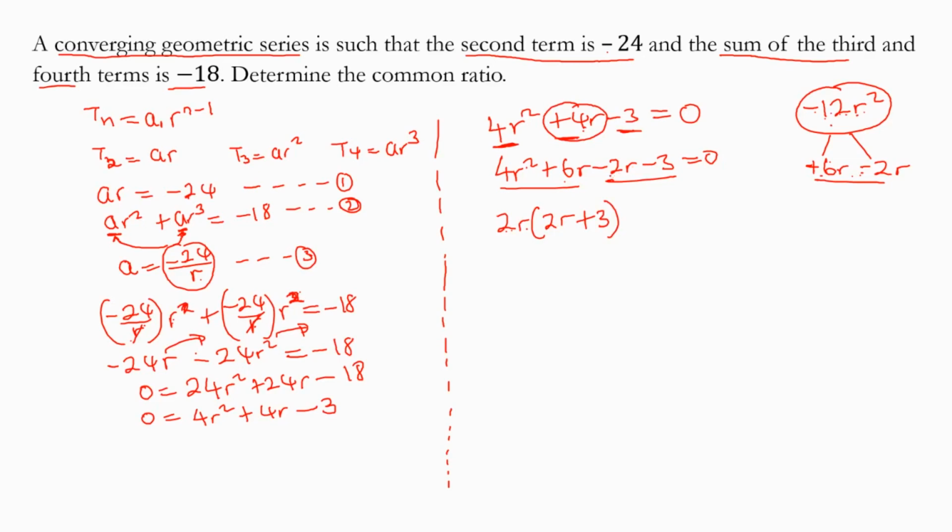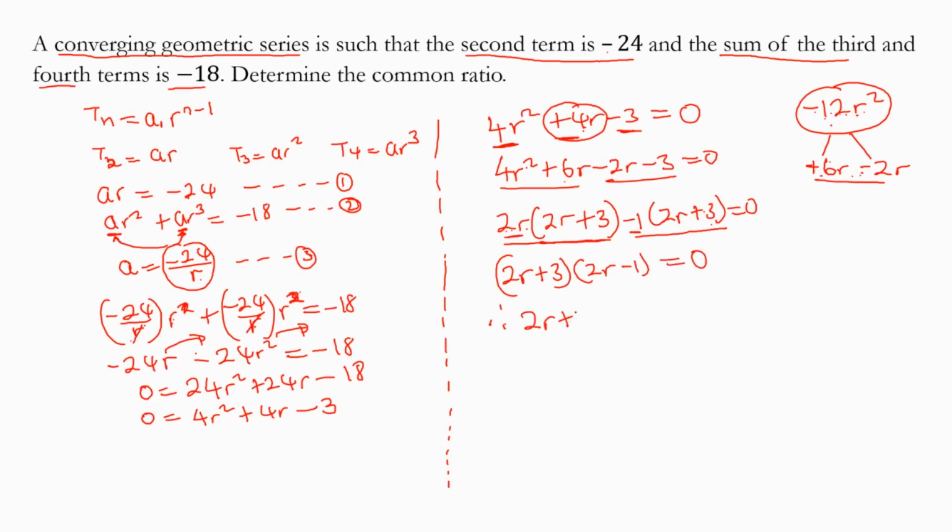Here we can factor out negative 1. We have to create a bracket which is the same as this one. So negative 1 and then 2R plus 3 is equal to 0. If you check, we have two terms that have a common bracket. We factor out this common bracket, 2R plus 3. You remain with this for the other bracket. So it becomes 2R minus 1 is equal to 0.